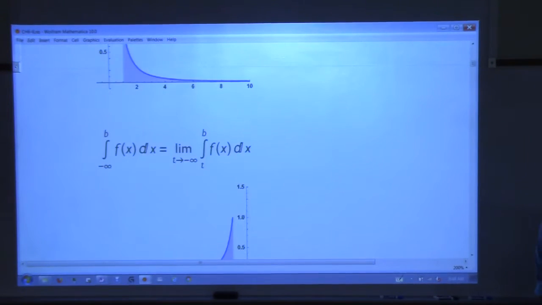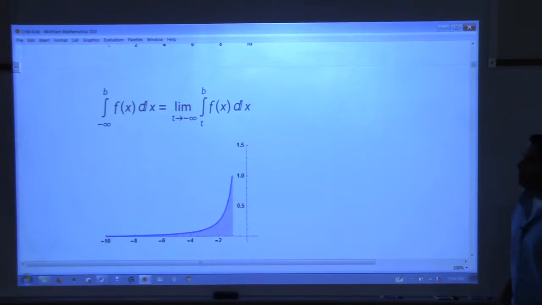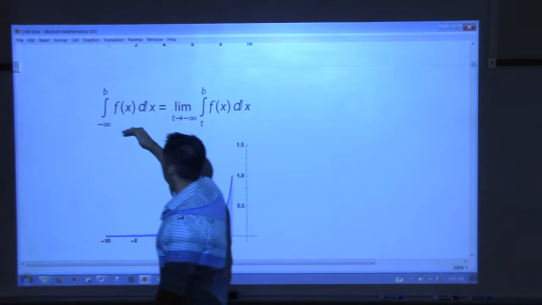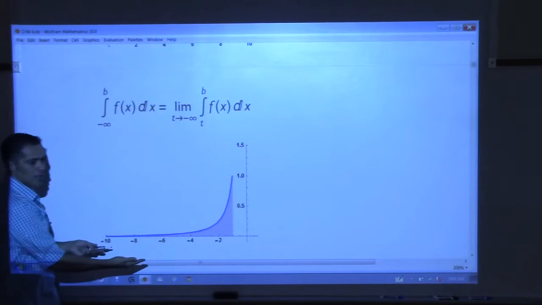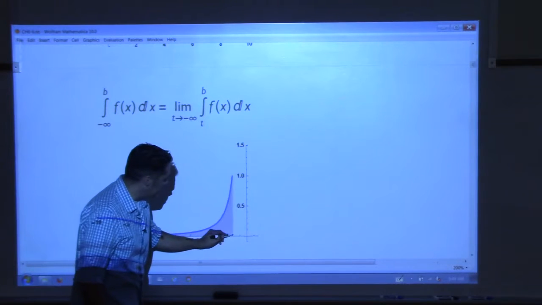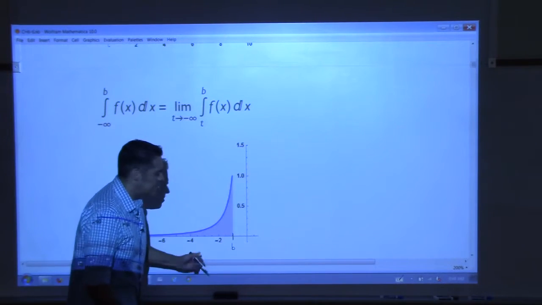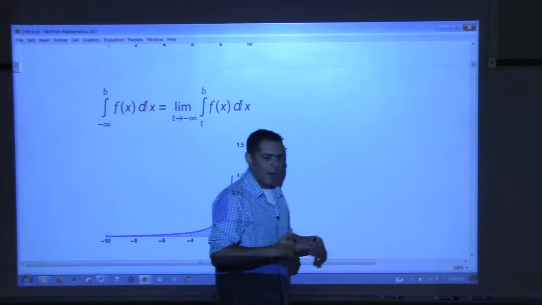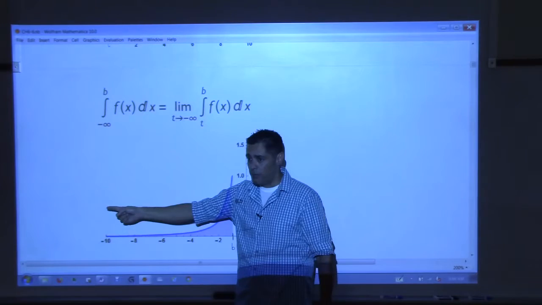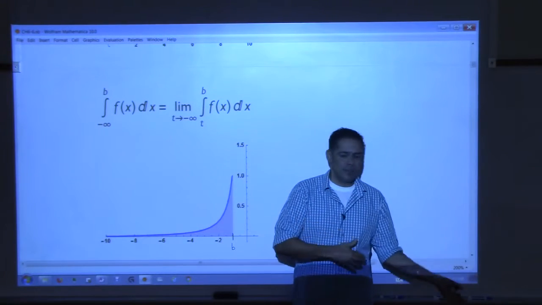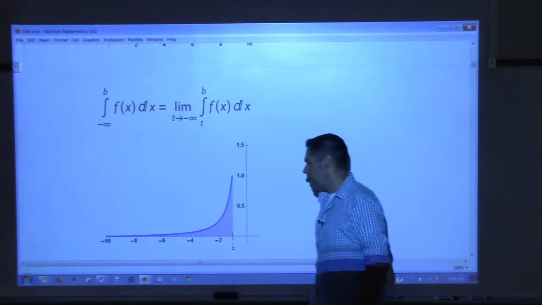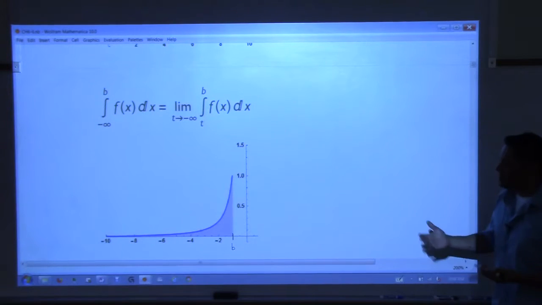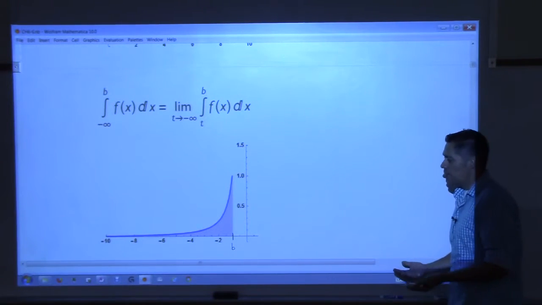Now, if we do the other way, the integral that goes from negative infinity to b, this is what it looks like. Here's b, but this time we're going from negative infinity, which is way over here, and we're coming this way, and we're stopping at b. But it does go that direction forever. So it's the same concept, just flipped over there. And it still brings up the same question: do we get a number?